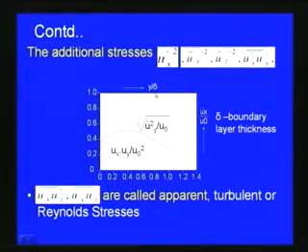Here you can see in this slide, if you plot y by delta, where delta is the boundary layer thickness for a particular problem, versus u x bar by u 0, where u 0 is the free stream velocity, then you can see its variation for u x dash u y dash bar by u 0 square, it varies like this, and then the mean square RMS value varies like this.